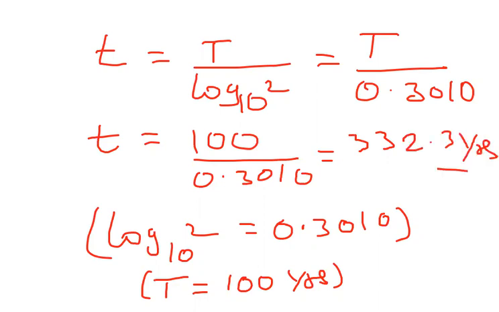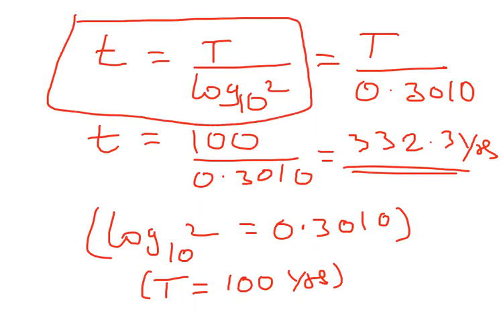We got 332.3 years for this answer. The answer is not a big task; you have to understand how you got this one. The calculation you can do, that is not a big task.